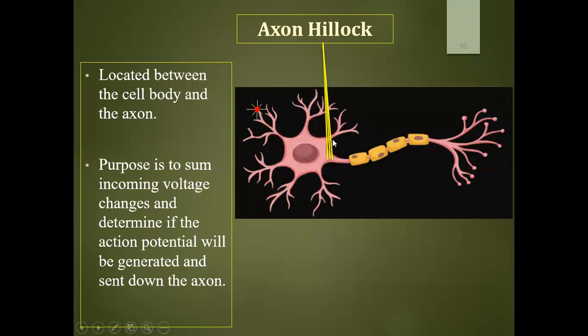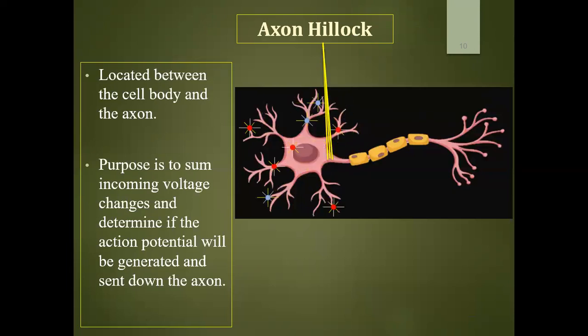If you can see my cursor, this right here is the axon hillock area. It's a junction between the soma, or the cell body, and the axon, which is this long branch going down here. So the axon hillock is located between the cell body and the axon.